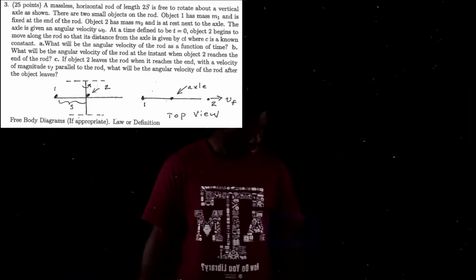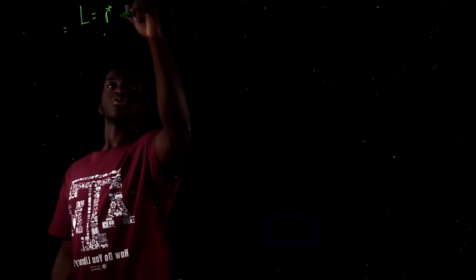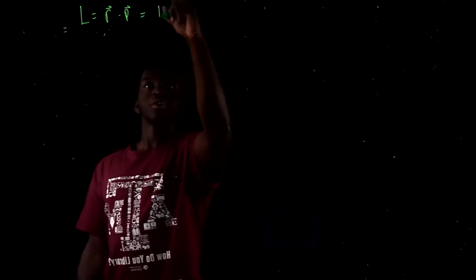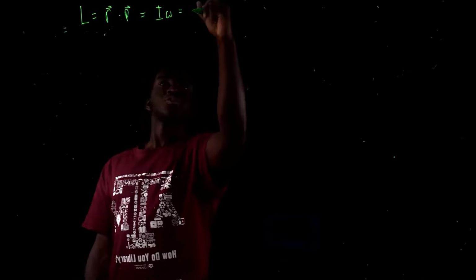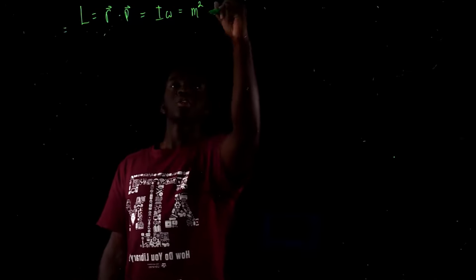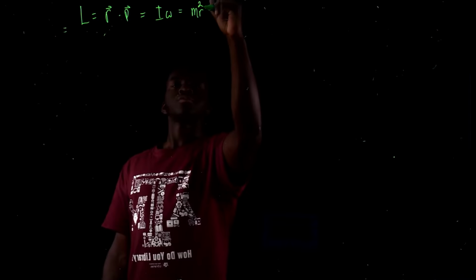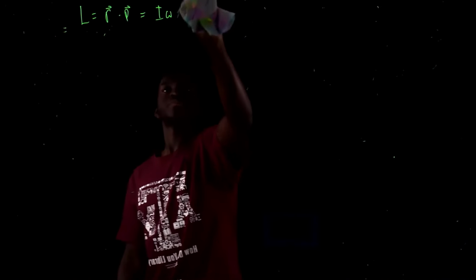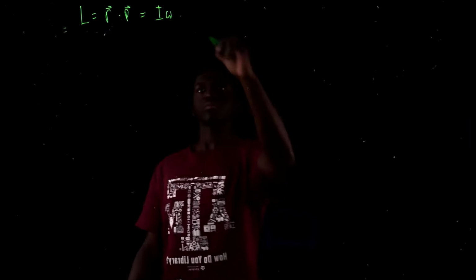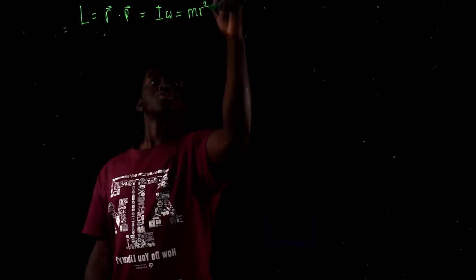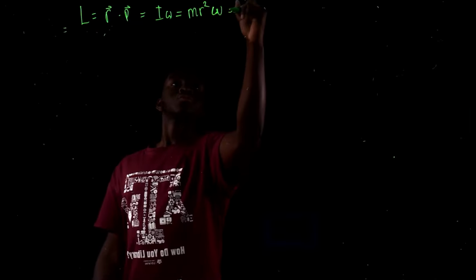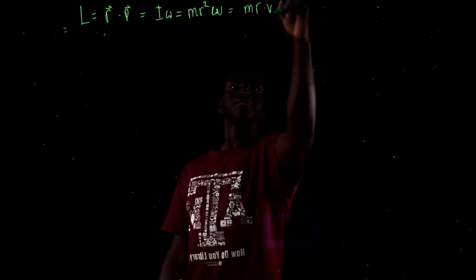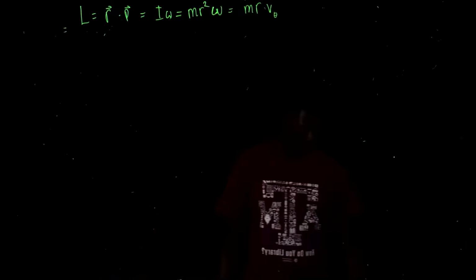Let's just start off with writing the formulas we're going to be using. L is equal to R cross P, which is equal to I omega, which is equal to mr squared omega, which is equal to mr v theta, okay?